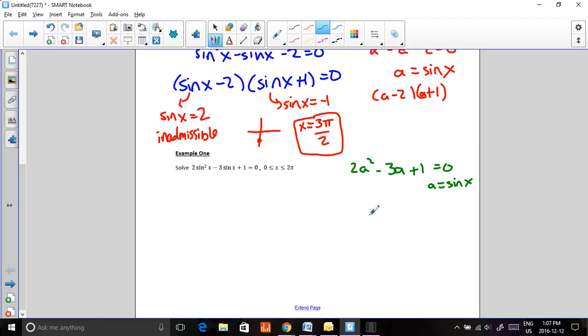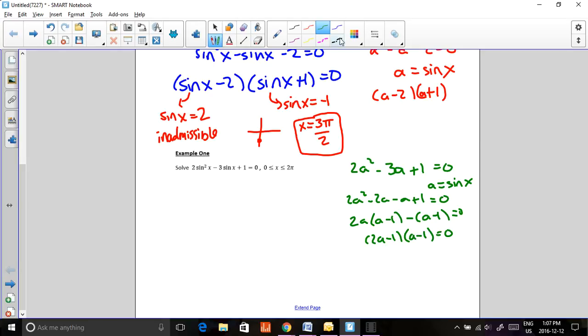That's -2 and -1. So you'd have 2a squared minus 2a minus a plus 1 equals 0. You'd common factor 2a from the first two terms, 2a bracket a minus 1, subtract bracket a minus 1 equals 0. So you get 2a minus 1, a minus 1 equals 0.